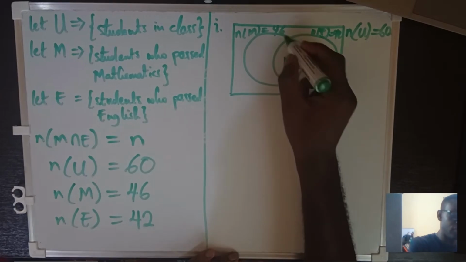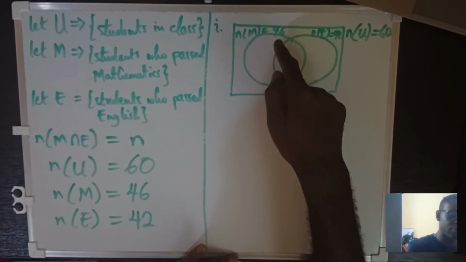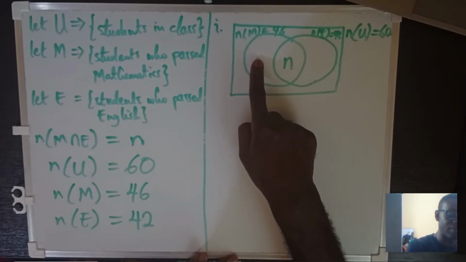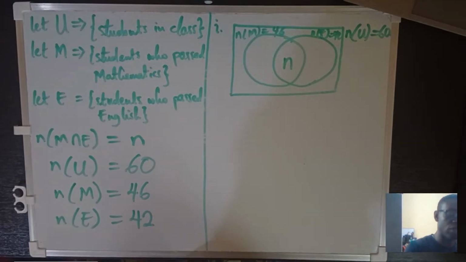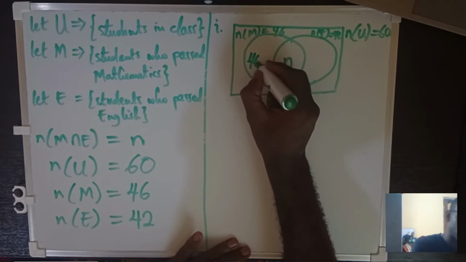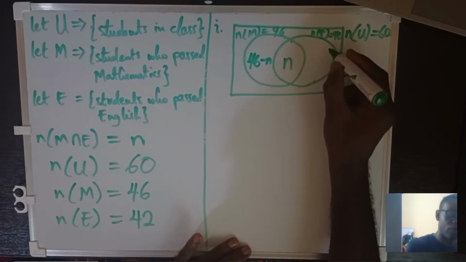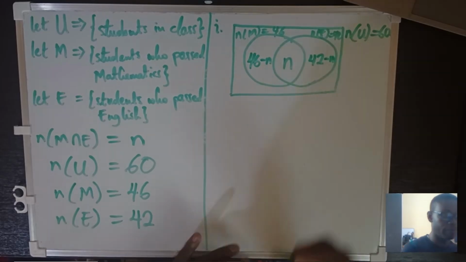Since the whole set for mathematics is 46, if I want mathematics only, I have to subtract the intersection from the total number of students who passed mathematics. So here is going to be 46 minus n. Same for here, 42 minus n.